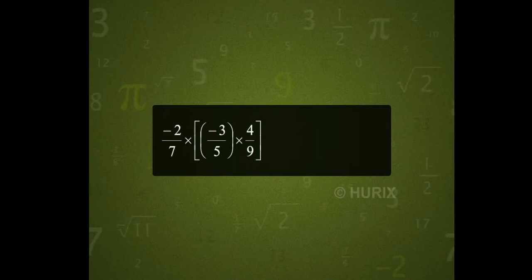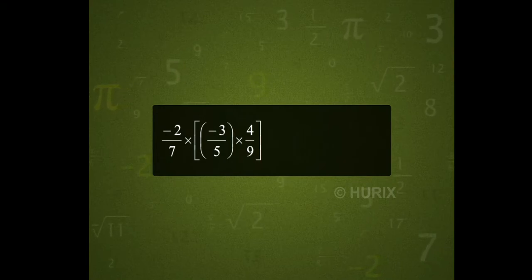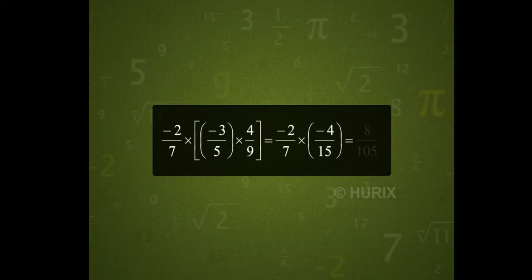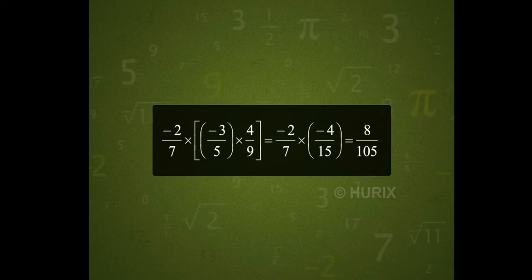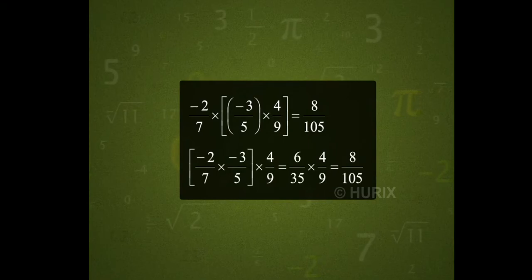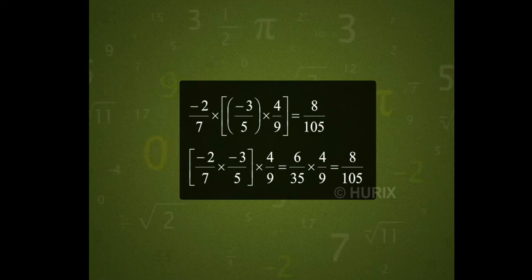Now, let's check whether multiplication is associative for real numbers. Let us multiply these three real numbers by grouping negative 3 by 5 and 4 by 9 first. Now, let us find the product by grouping negative 2 by 7 and negative 3 by 5 first.